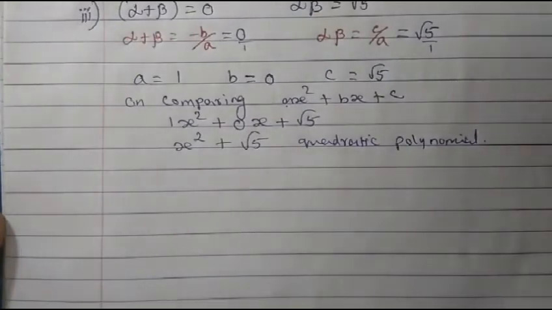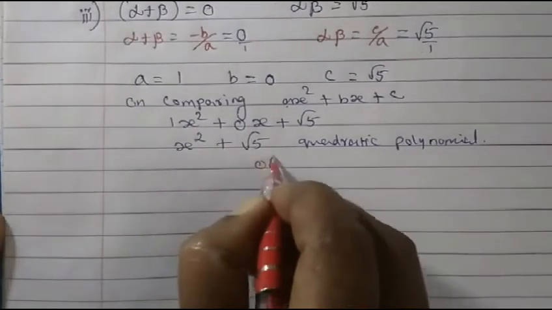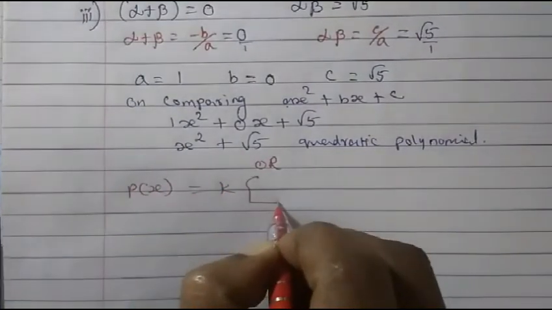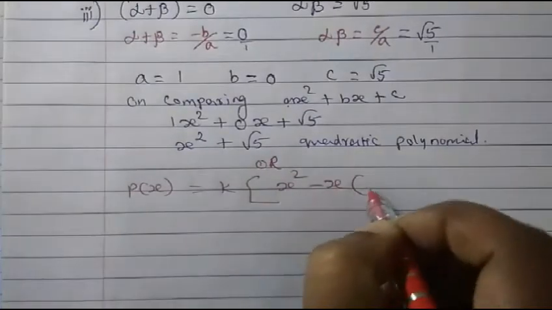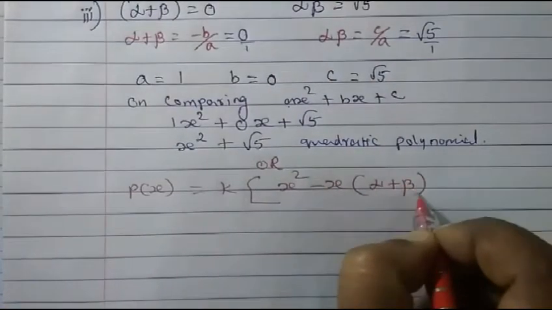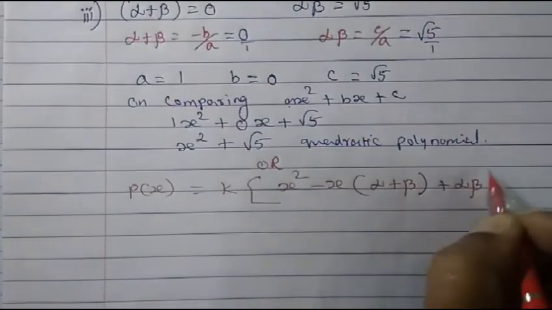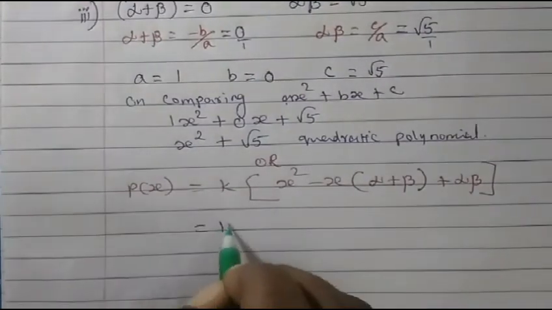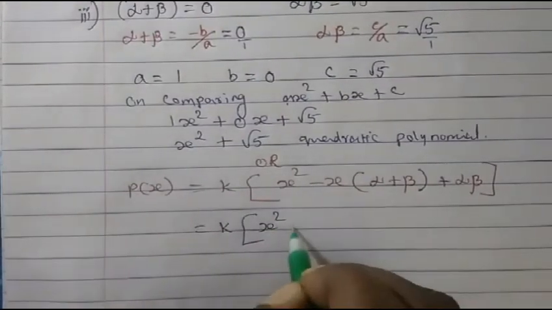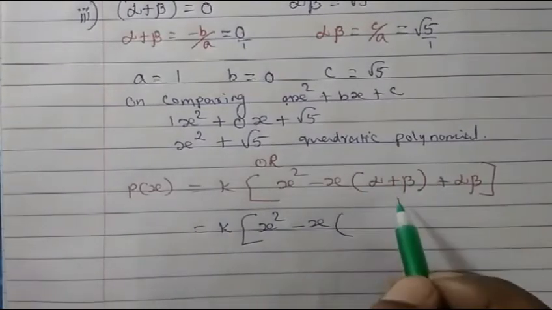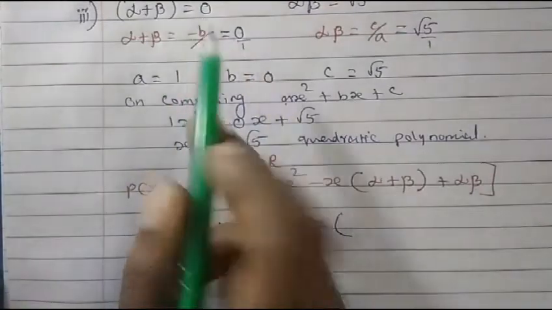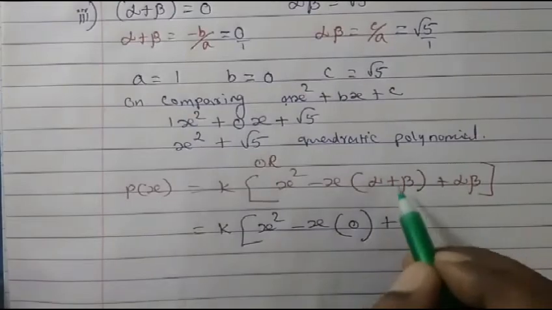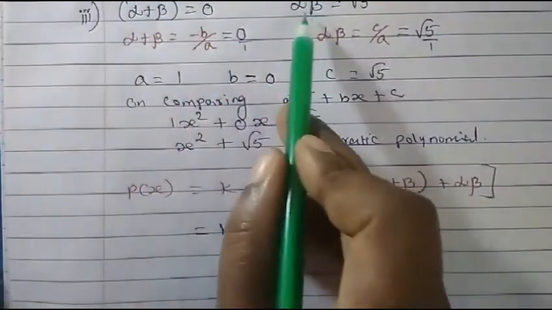So now let's see the second method. Any one method you can use. Here we are using the identity, that is x square minus x into alpha plus beta, plus alpha beta. This identity, if you remember, you can use. So now x square minus x, the sum of the zeros given to us is 0, then plus the product of the zeros, which is root 5.